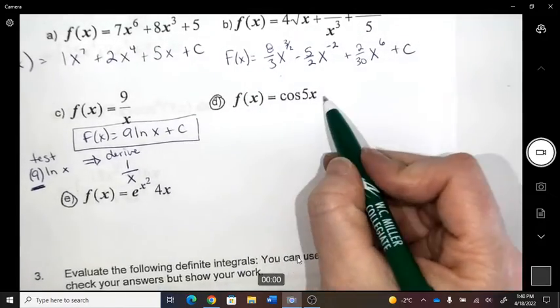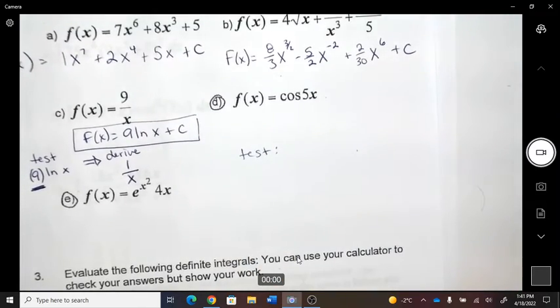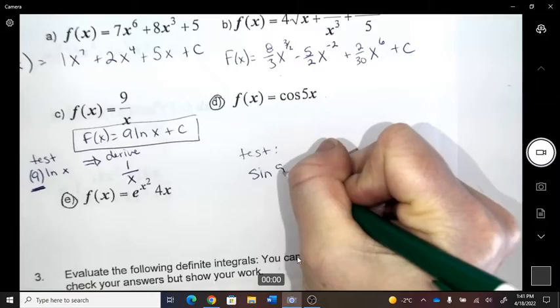Okay, this I'm going to have to test. What do I think it started with? If it ended up with cos, it started as some kind of sine.